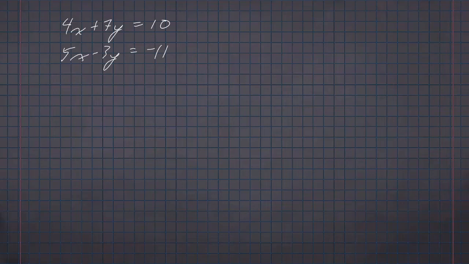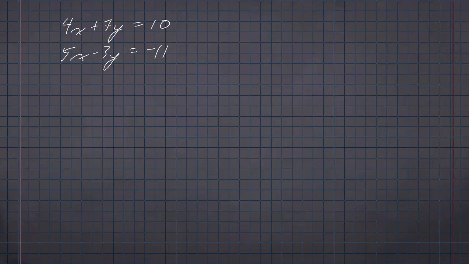In this particular system of equations, there's not really any common factors. There's nothing we can use to make the process more straightforward. We're going to have to use a brute force strategy.